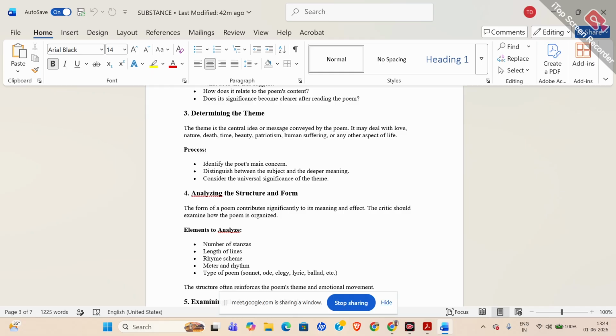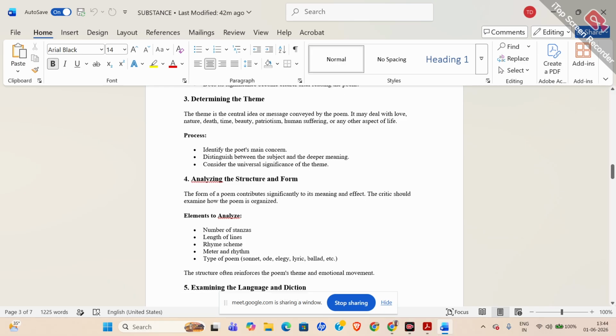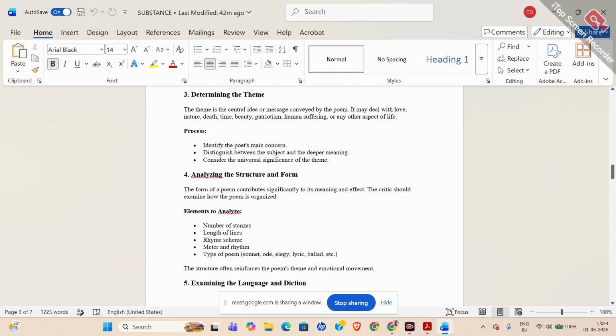Consider the universal significance of the theme. এটা কি ইউনিভার্সাল থিম, যেমন লাভ, ডেথ, প্যাসেজ অফ টাইম, নেচারস বিউটি, এই ধরনের, নাকি অন্য কোনো পার্সোনাল কিছু ব্যাপার? So obviously universality মানে কি? That which concerns the whole, all people, all human beings.